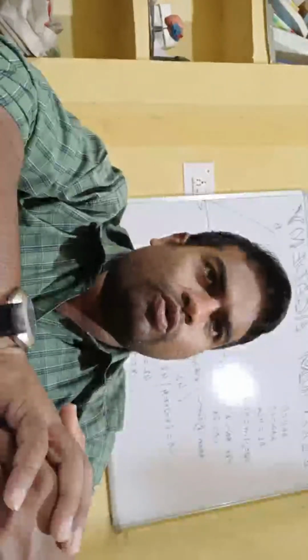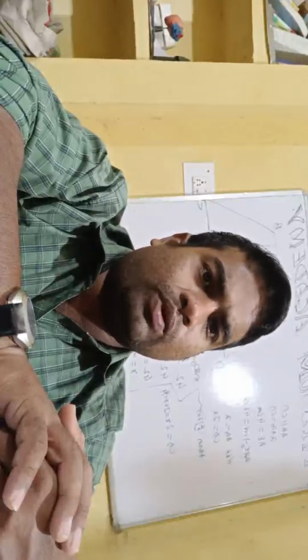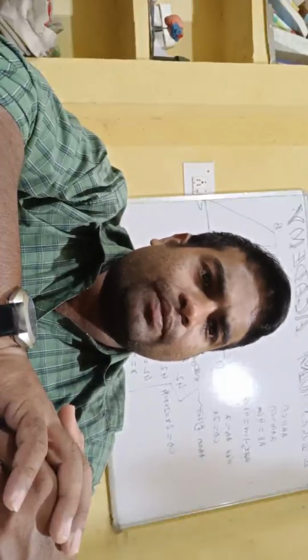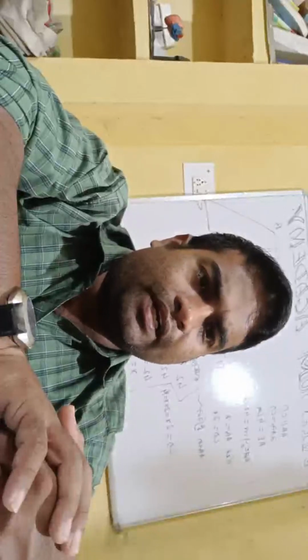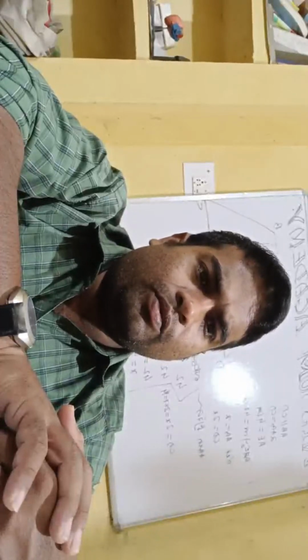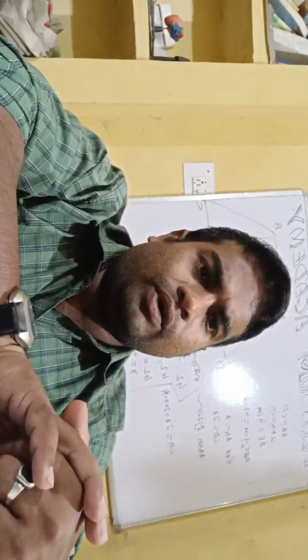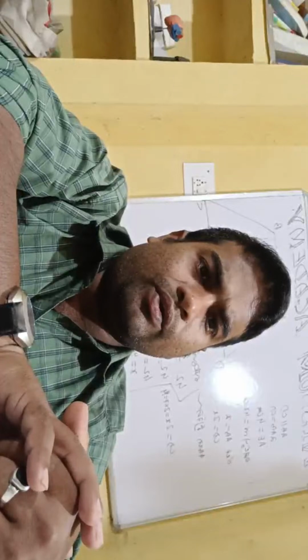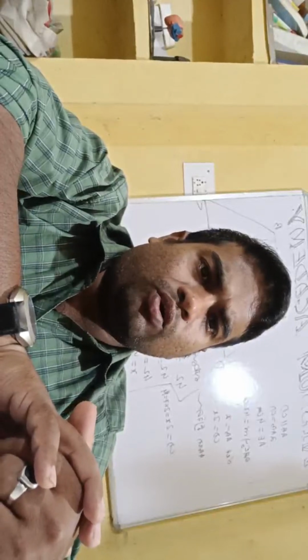Sulfur is 3. Oxygen O4 means 12. 2 plus 3 plus 12 is 17. Atomicity of aluminum sulfate is 17, not 11. You are wrong, Bubu. Write it down in your copy.